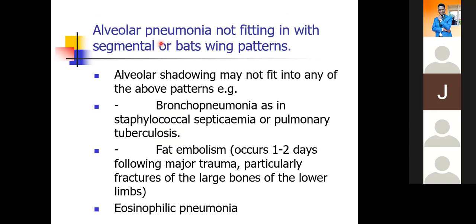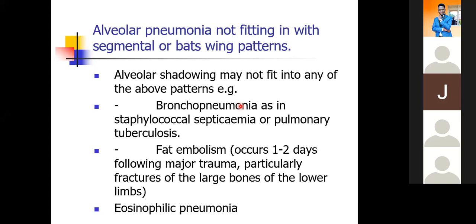What about the other third pattern that we talked about? It's neither bat's wing nor segmental or lobar. One of them is bronchopneumonia. So bronchopneumonia is the airspace or alveolar space disease, which basically will result in patchy opacity.